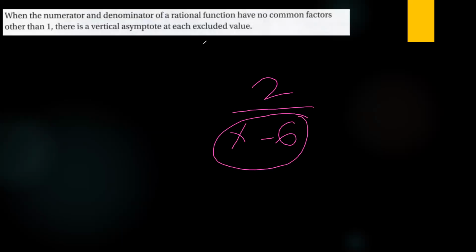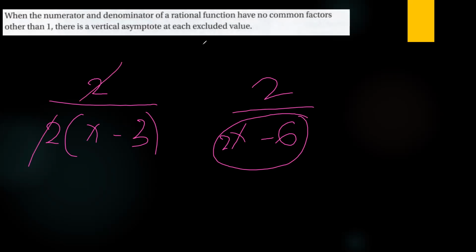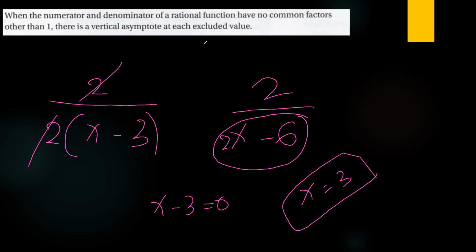Why? Look at the numerator here, we have 2. Look at the denominator, we have 2x minus 6. So let's take 2 as a common factor. You have x minus 3. So 2 cancels 2. So x minus 3 equals 0, and the asymptote will be at x equals 3.